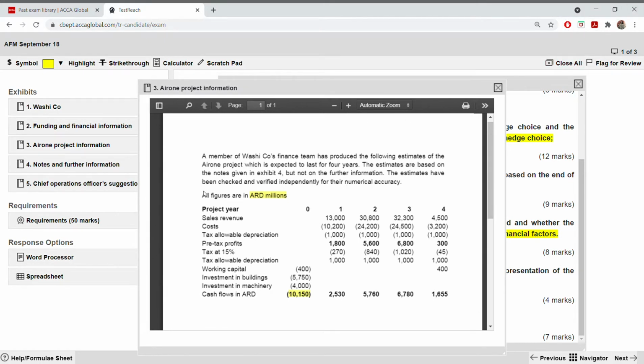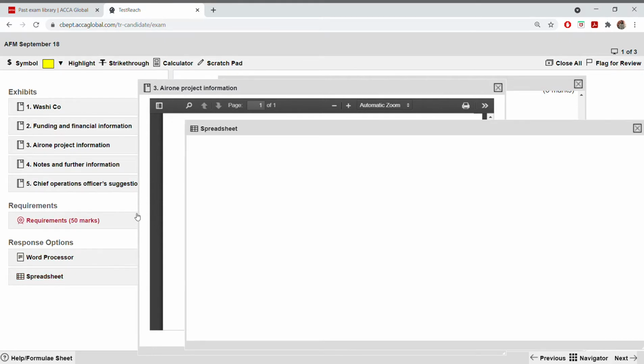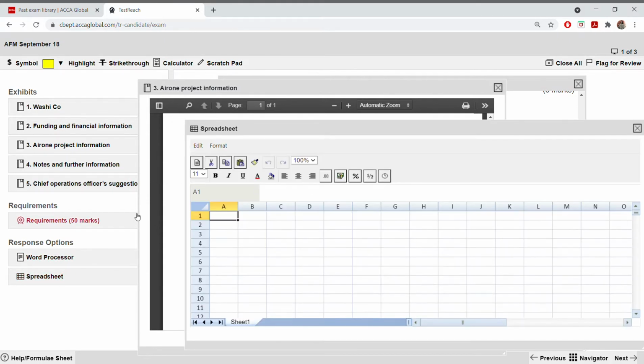Okay. Now coming to this, I'll be opening the spreadsheet. Okay. So what I'm going to do here is, today I'm not going to write a report.